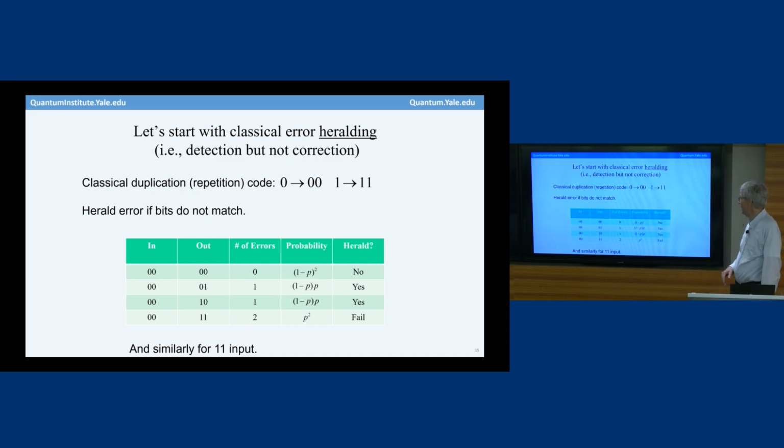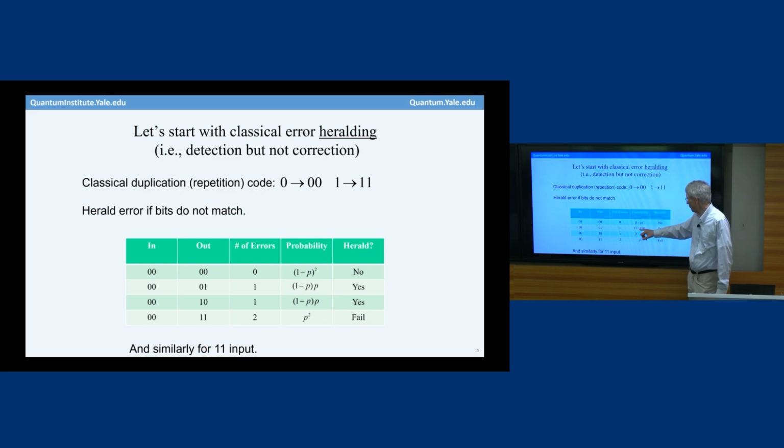So 81% of the time, everything is fine. 9% of the time, the bits disagree this way or that way. So that's 18% of the time, basically, almost. And 1% of the time, you get completely fooled. But in no case can you correct the errors.